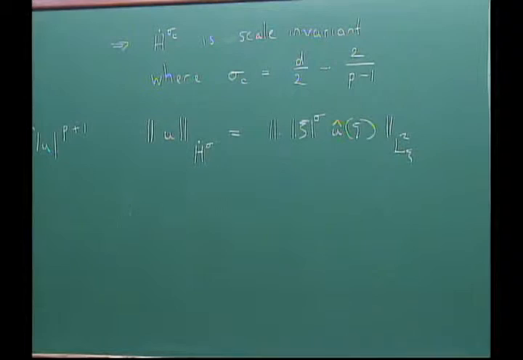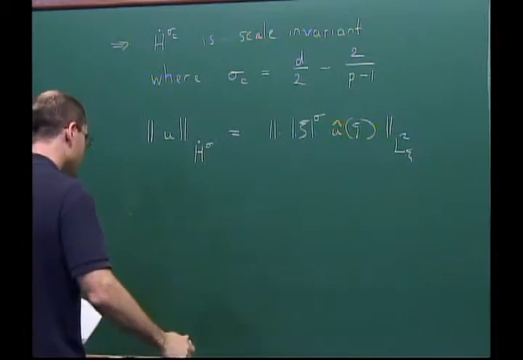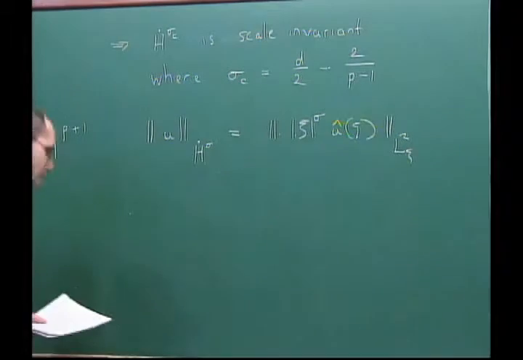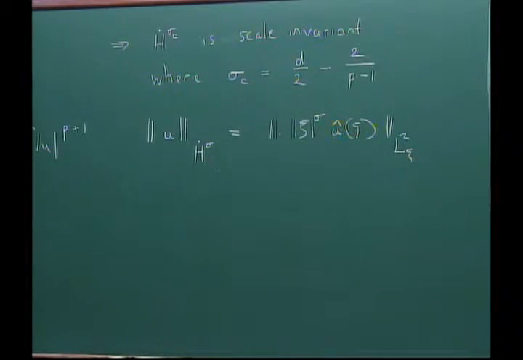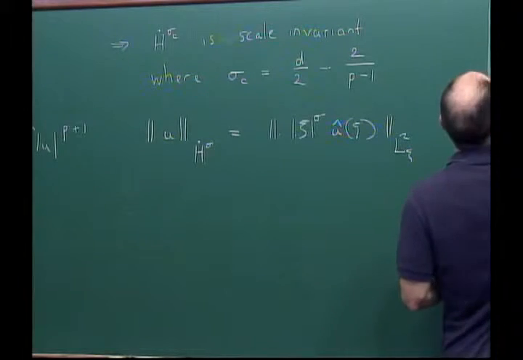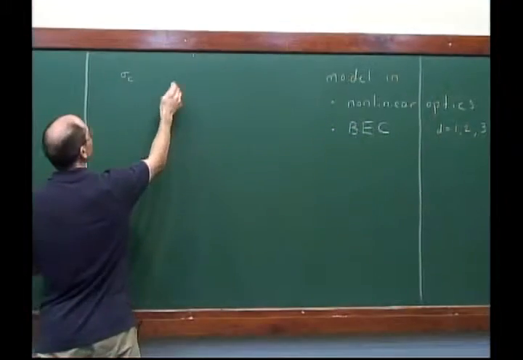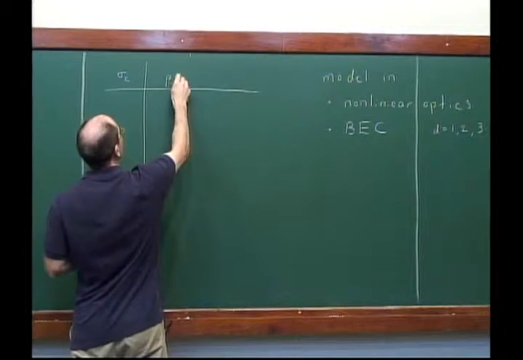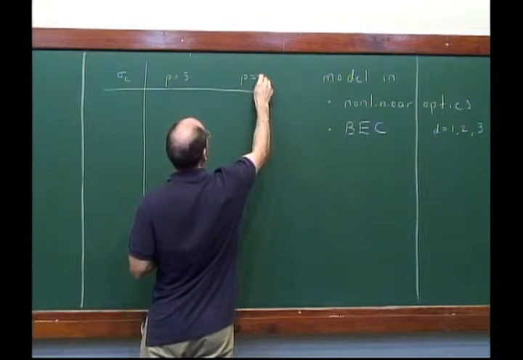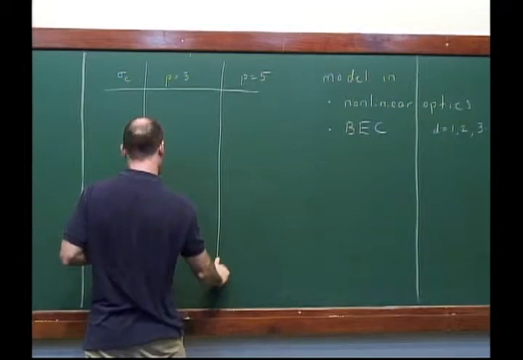Okay, so common mathematical values of p and d. All right, so if we're motivated by the physics, then we would be especially interested in these cases. So we have sigma sub c, p equals 3 and p equals 5.